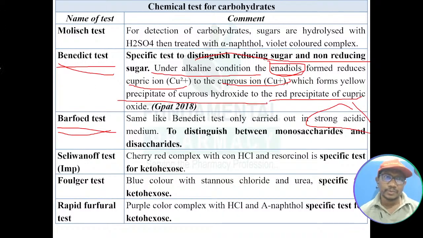What is the difference between the Benedict test and the Barfoed test? Both are used to distinguish reducing and non-reducing sugar, but the Benedict test is carried out in an alkaline medium and the Barfoed test in an acidic medium. The Barfoed test is used to distinguish between monosaccharides and disaccharides.